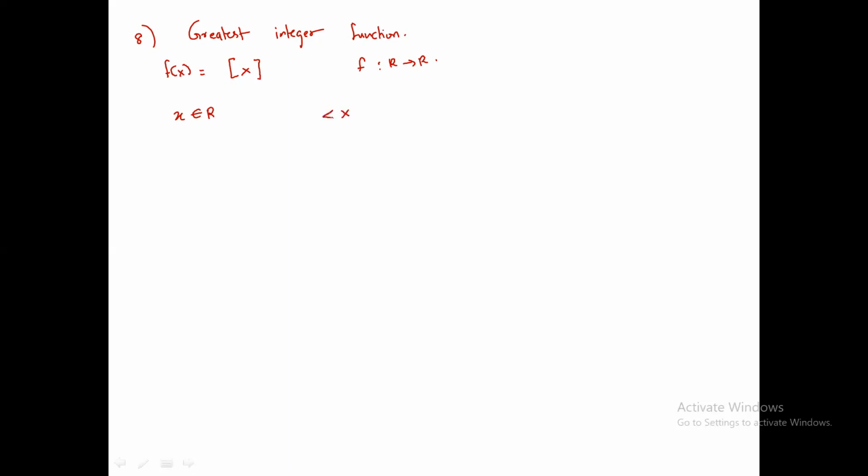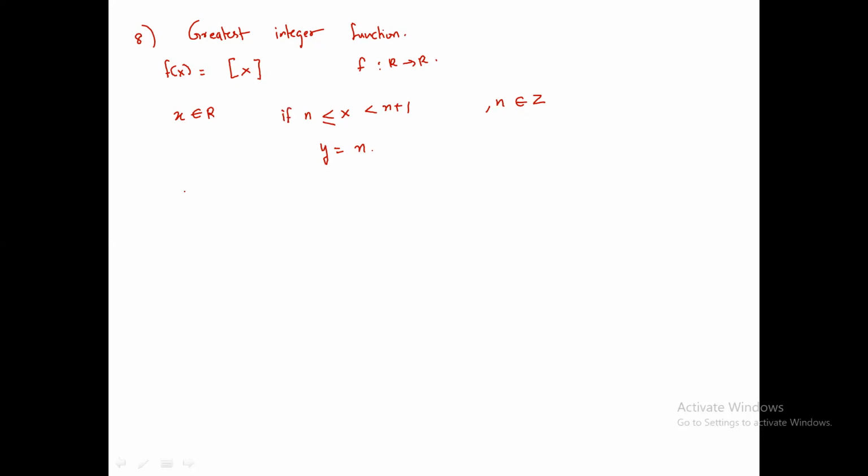X if when it is between n and n plus 1, where n is integer, then y will be equal to n only always. Even if x is equal to n, y will be equal to n only.